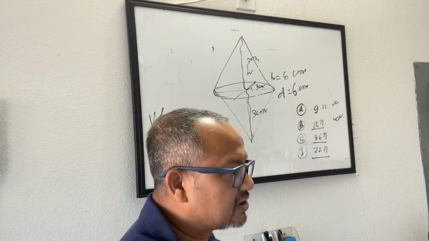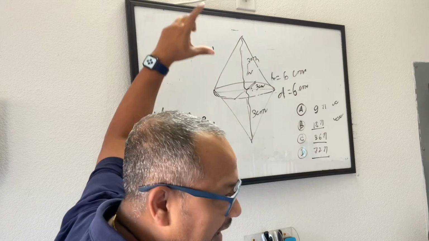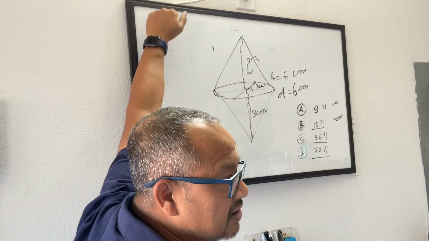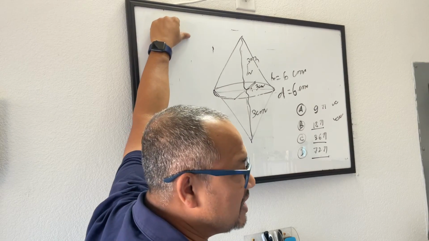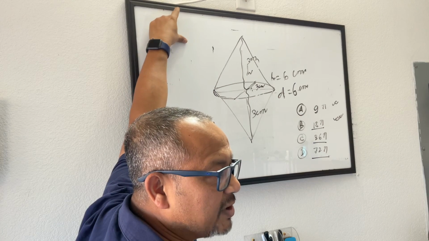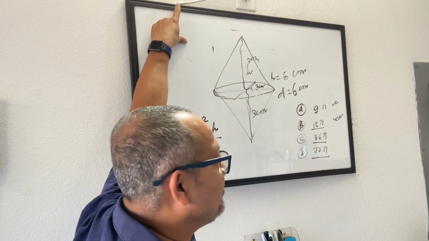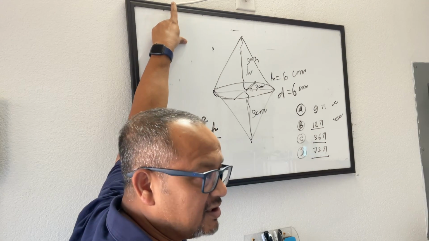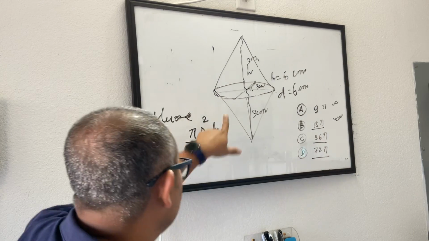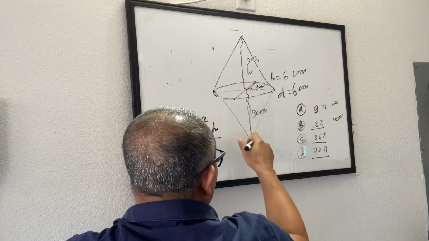Be it a circular cone or a rectangular pyramid, whatever is the volume of the parent shape, I find the volume of the parent and divide by 3. A rectangular pyramid is a child of a cuboid: I find the volume of the cuboid and divide by 3. A circular cone's parent is the cylinder: I find the volume of the cylinder and divide by 3. So here, I'm trying to find the volume of one cone and then multiply by 2 because they are identical.